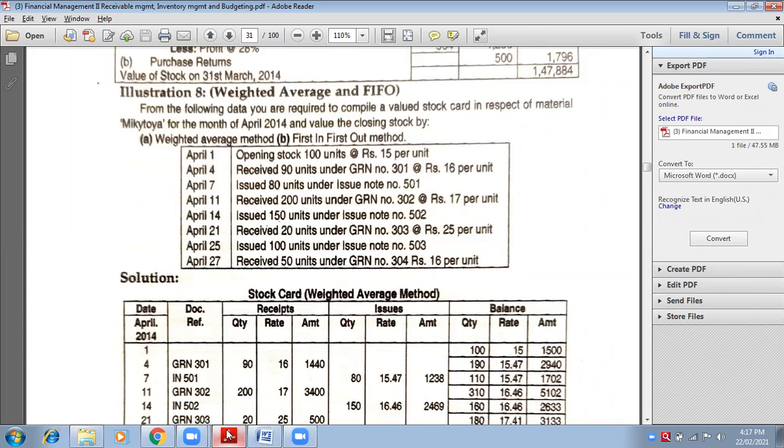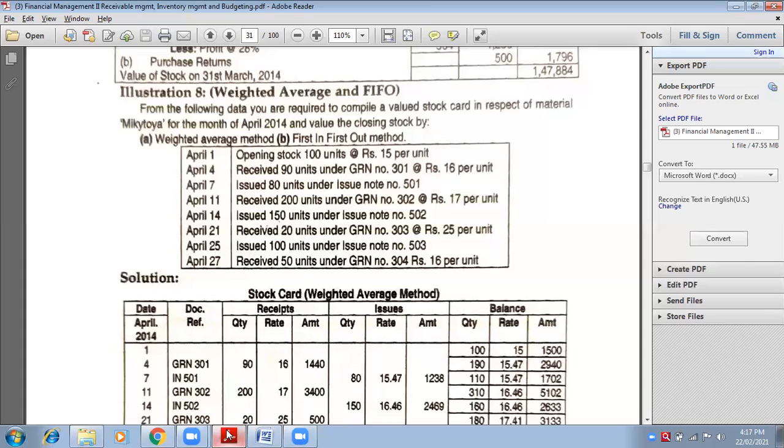Take out 90 also, because we are issuing 150 units now. Only 20 have been issued, so 130 units are yet to be issued. So 90 units will be taken out. First in, first out.